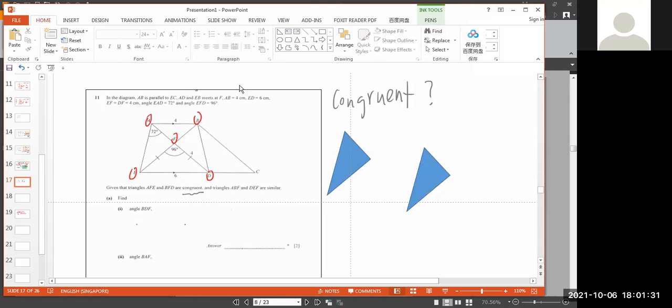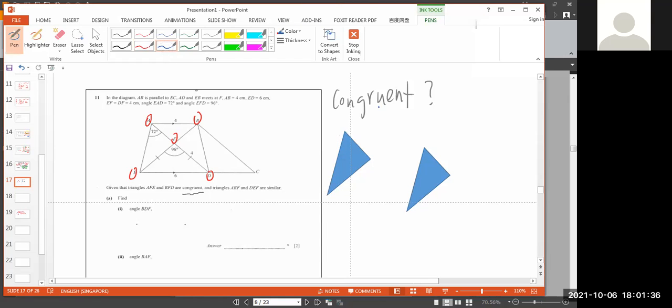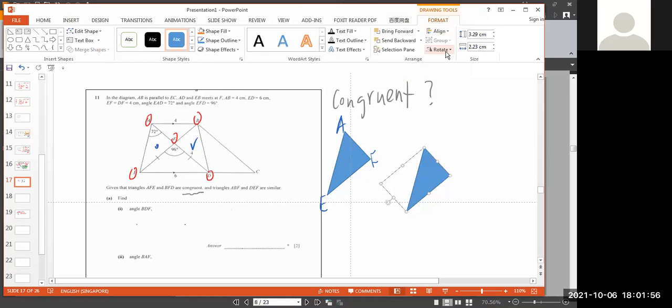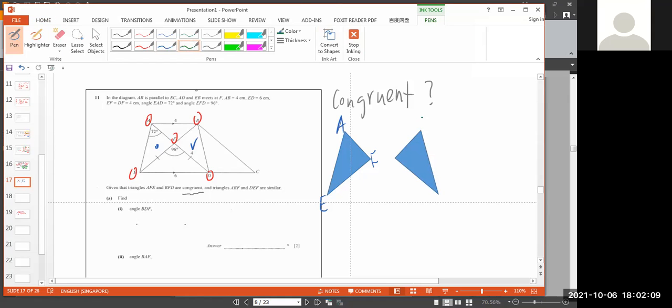This is my AFE. I transfer it here already. Then I'm going to do this one as well, BFD. So I need to rotate it, flip. So I will have my BFD.